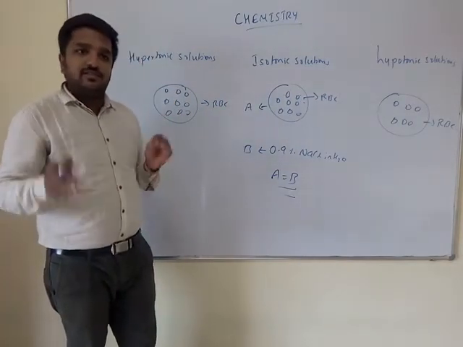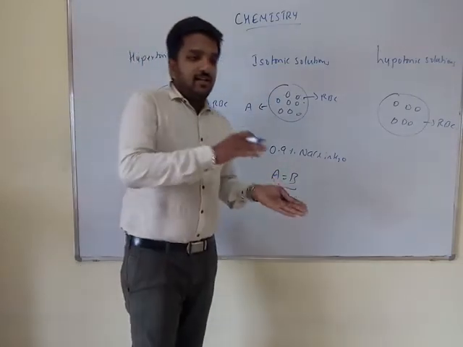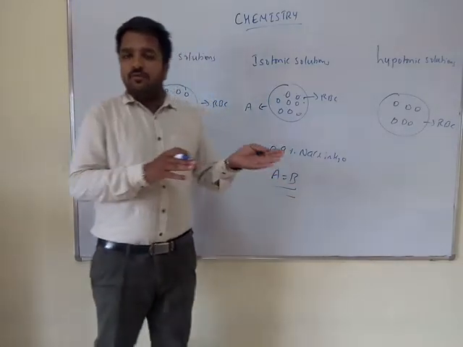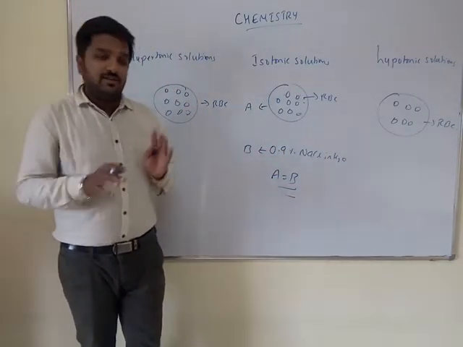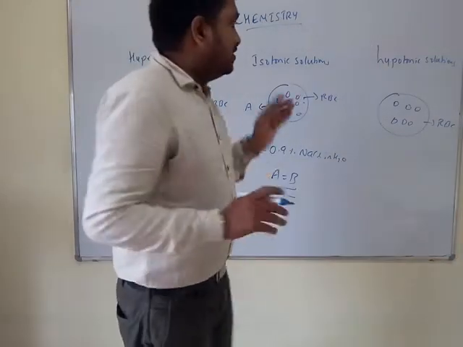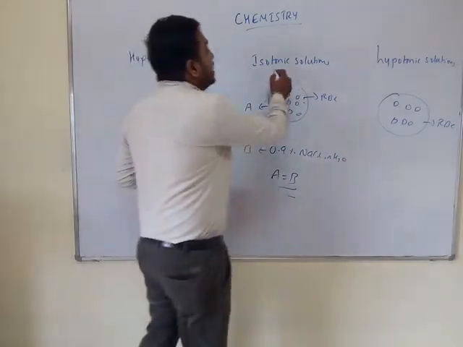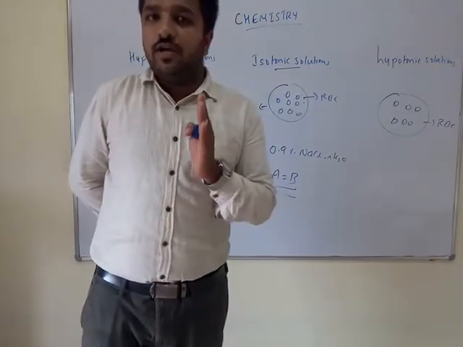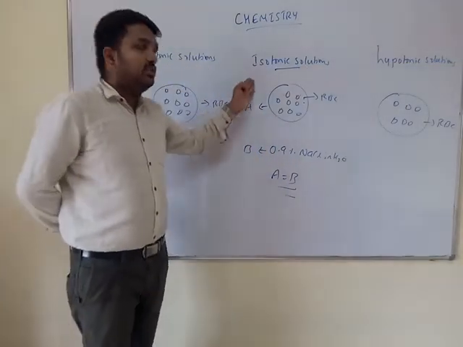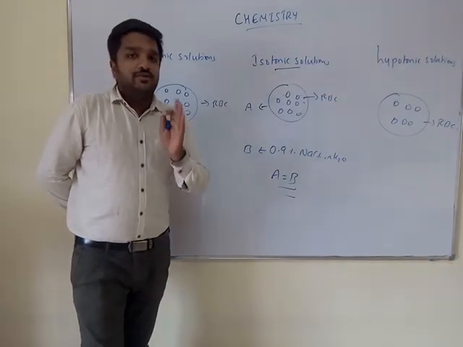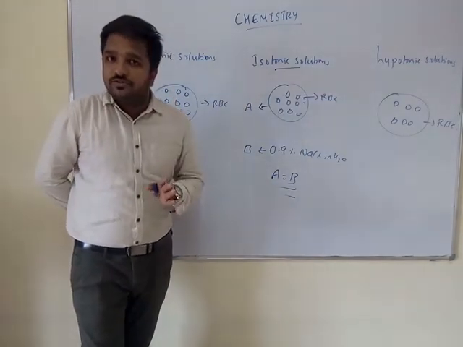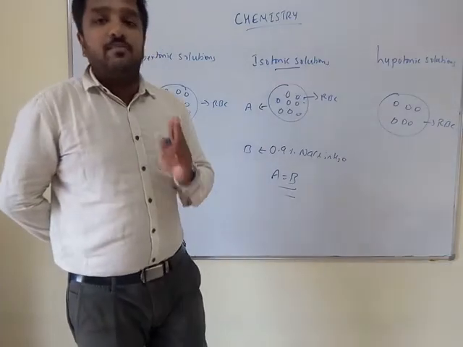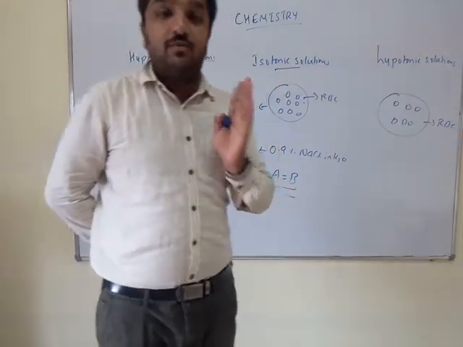That means the concentration will be the same. So in that case, there will be no movement of solvent particles from one place to another. It stands by itself. Clear? So this is the first case. These type of solutions which have the same osmotic pressure, we call isotonic solutions.